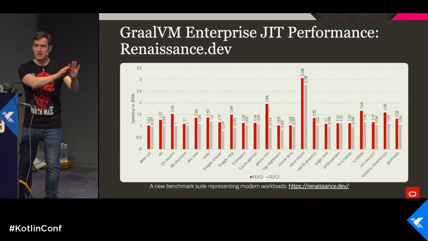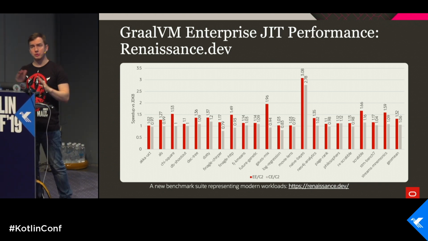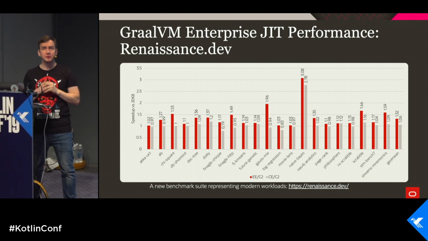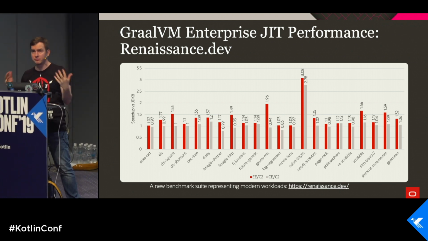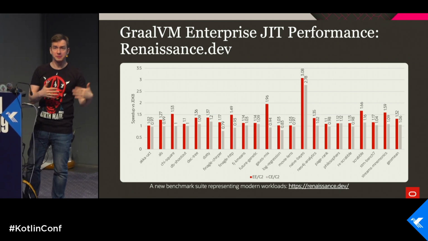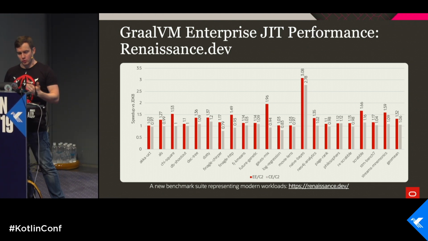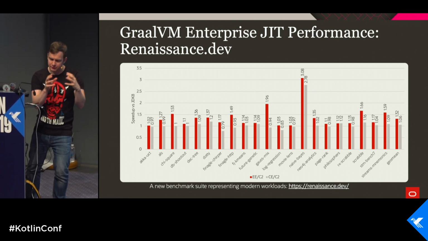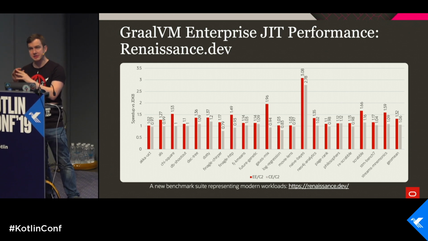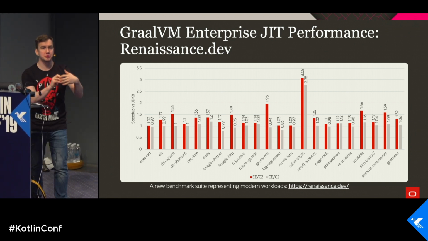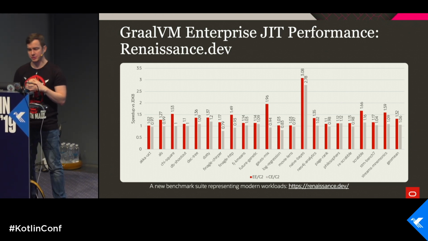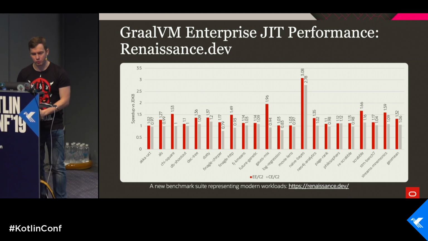Several years ago, we wrote our JVM applications differently. For example, you probably didn't write any JVM applications in Kotlin in 2008. So we wanted to create a different benchmark suite that exercises parts of the JVM that other benchmarks do not, to show performance on more modern workloads.